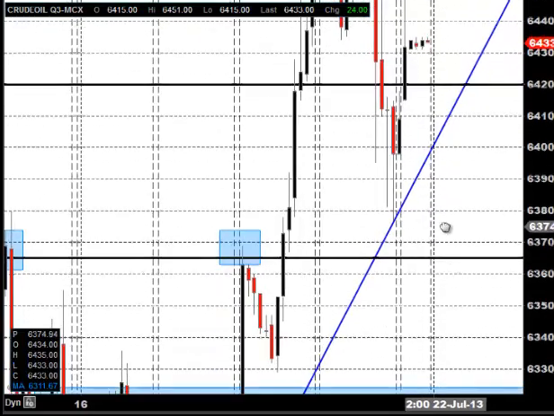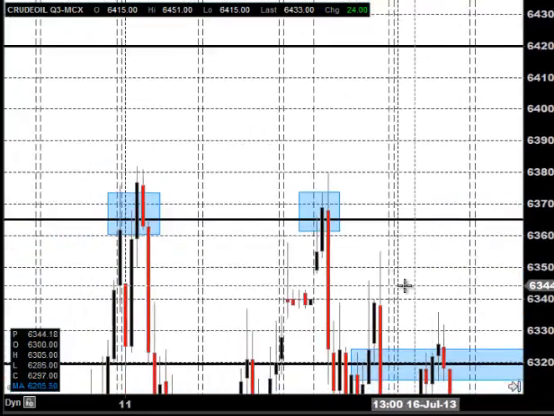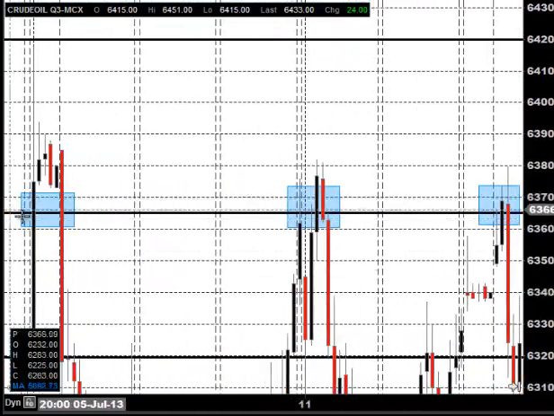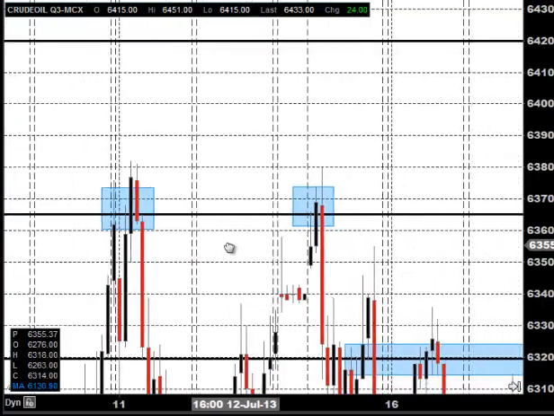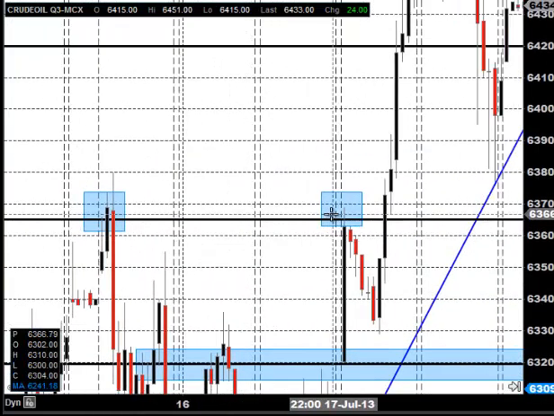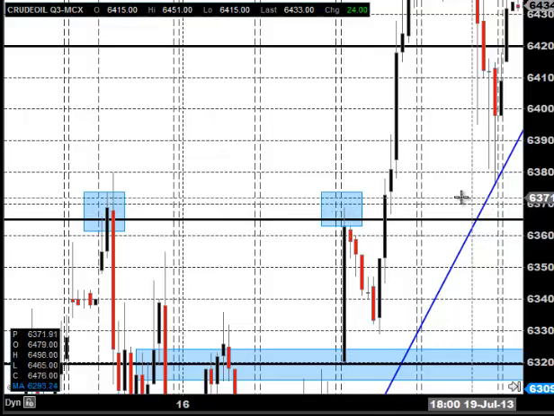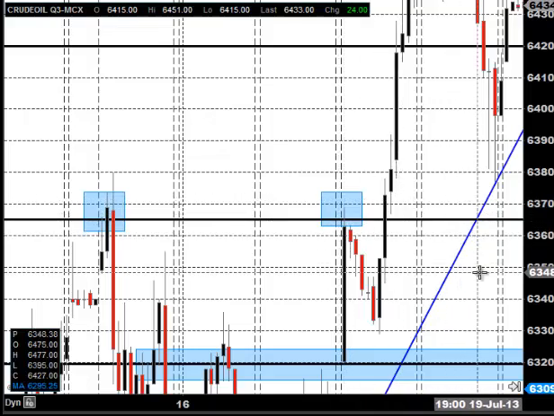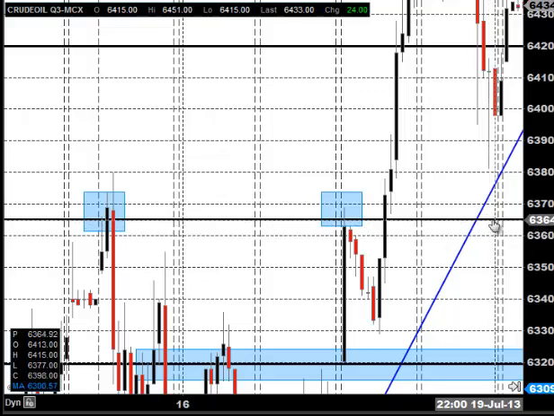So how can we position ourselves? We know one thing very clearly, this key zone which we had marked. In order for crude oil to maintain its uptrend, it should stay above 6360.